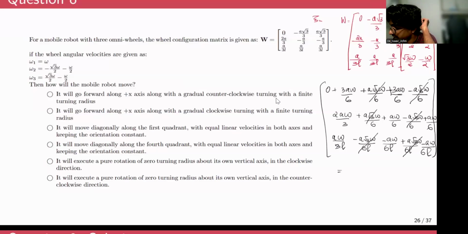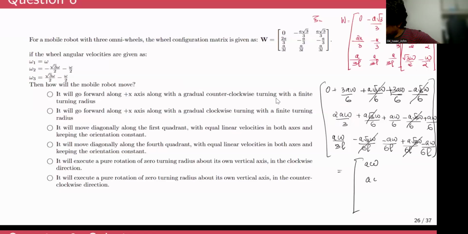So if you expand this out, the first entry would be 3a omega by 6 plus 3a omega by 6, that is a omega. And the second entry would be 2a omega by 3 plus a omega by 6 plus a omega by 6, so that also makes it a omega, basically.